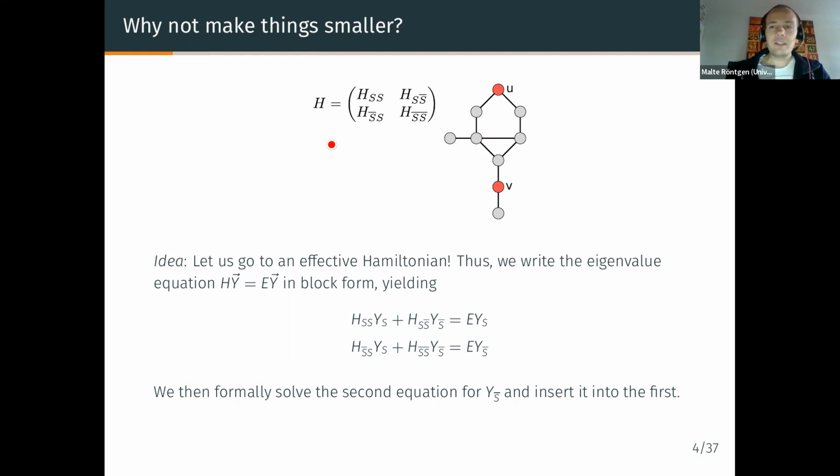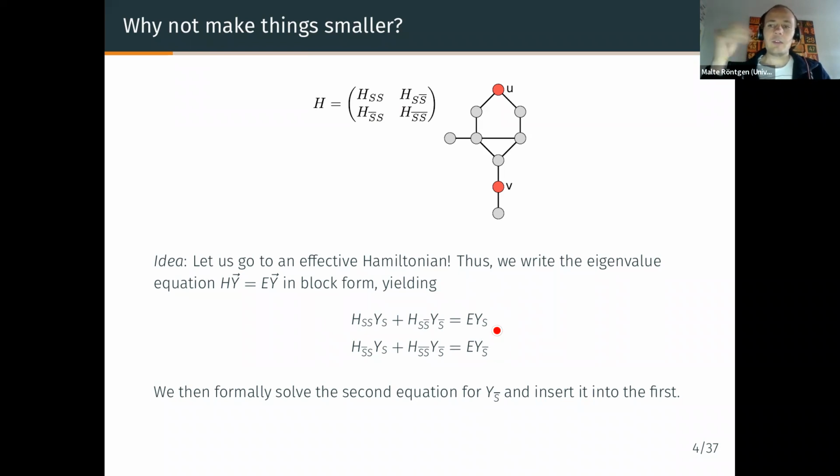Now for the formality, we can go to mathematics. We have the underlying eigenvalue equation: our matrix times our eigenvector is the energy eigenvalue times the eigenvector. If we write it down in block form with this structure here, we get 2 equations: one for the eigenvector components on the subsystem S, so Ψ_S, and one for the complement, S bar.